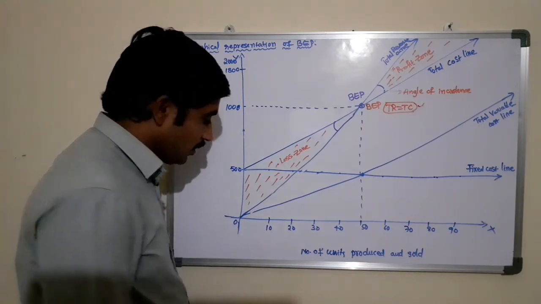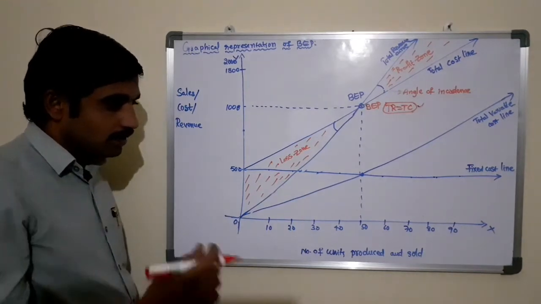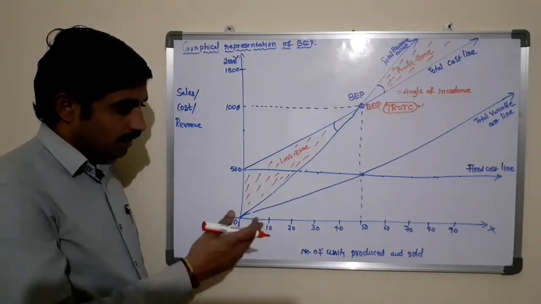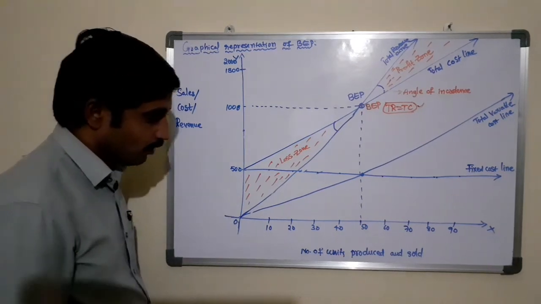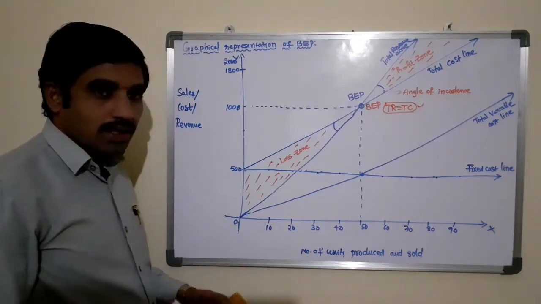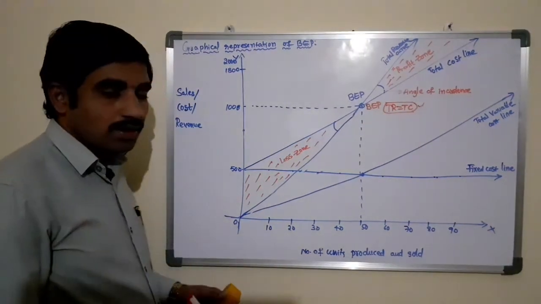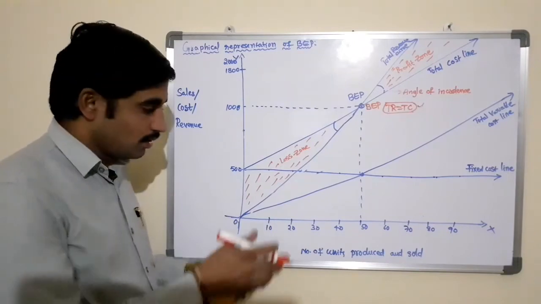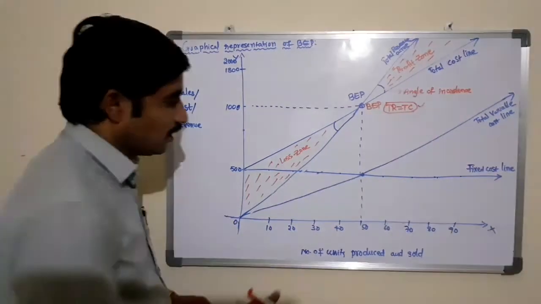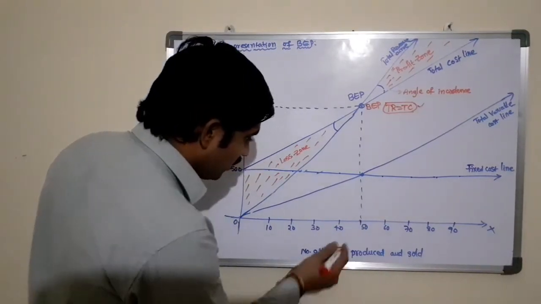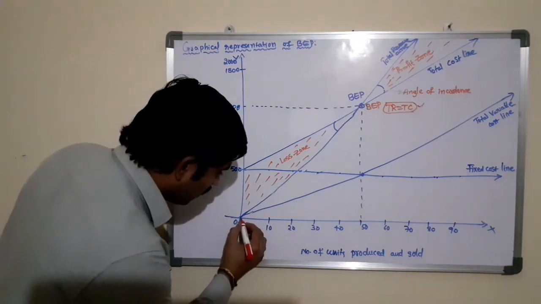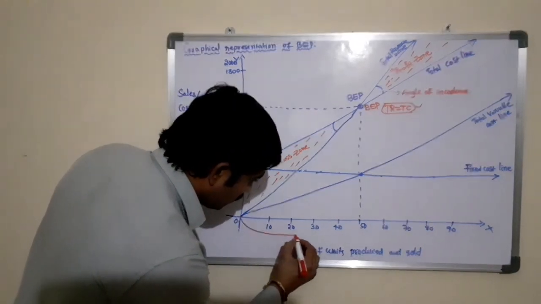Now let us see the other terms that we use in break-even analysis at the time of determining the break-even point. Margin of safety. Break-even point means where the company gets no profit and no loss. So at 50 units, the company is at the no profit, no loss point.